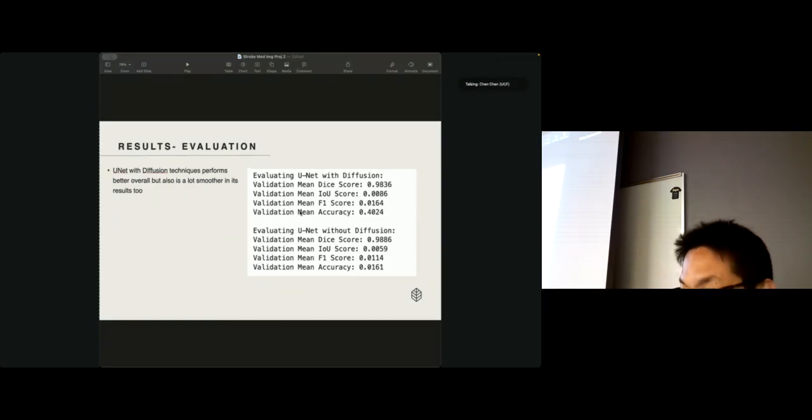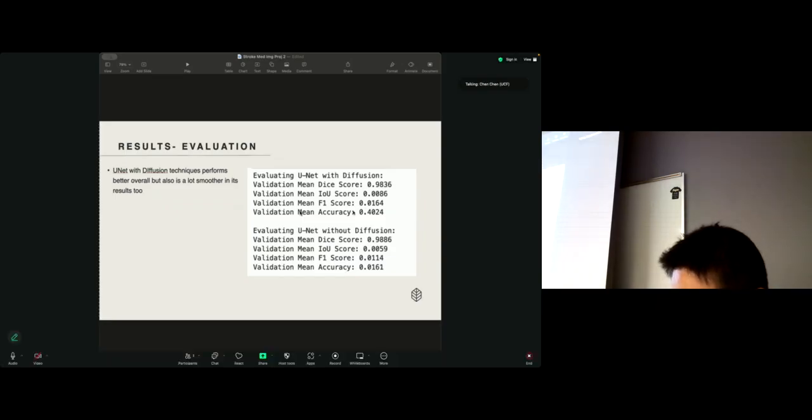Maybe the dice score is the dice loss? The dice score is pretty high, right? Close to 1. Yeah, but maybe the log is wrong. The score should be lost, because dice loss is usually 1 minus the dice score. But I don't think so, because here the mean accuracy is 40%.